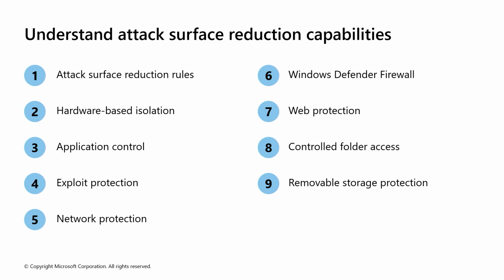Together, these features create a multi-layered defense strategy. By combining exploit protection, firewall rules, and attack surface reduction policies, organizations can significantly limit the paths attackers can use to compromise your systems.